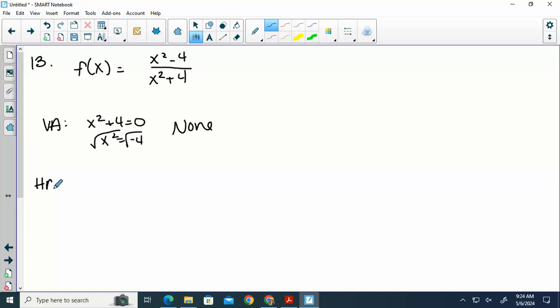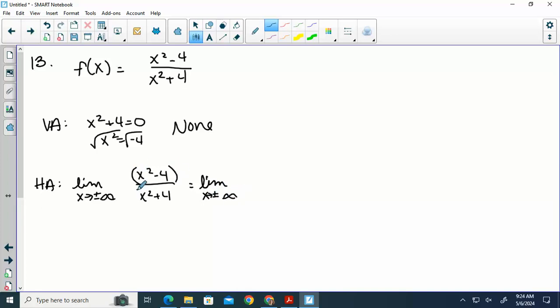Okay, how do we find the horizontal? As x goes to positive and negative infinity. If I just plug that in right now, it's infinity over infinity. That doesn't help me. So what do we have to do first? 1 over the highest power of x.